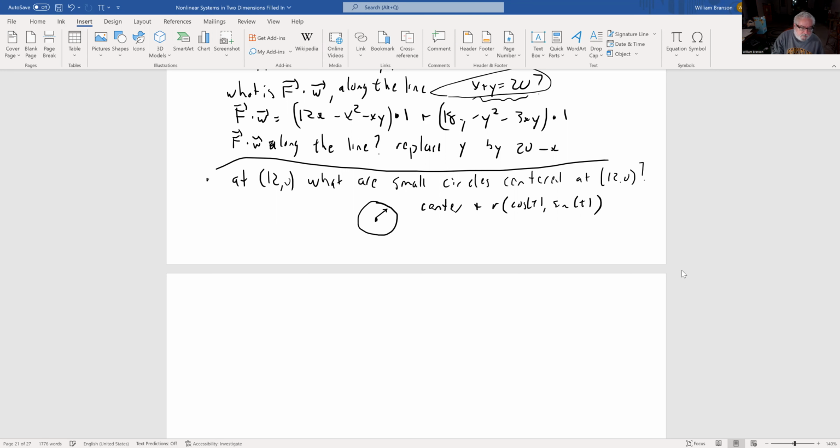In vector form, the parameterization would be x of t comma y of t equals the center, in which case 12, 0 plus your radius, cosine t, sine t.